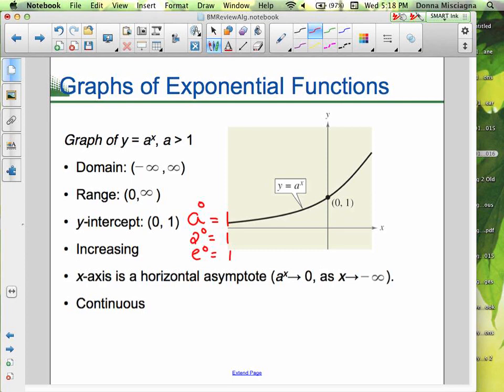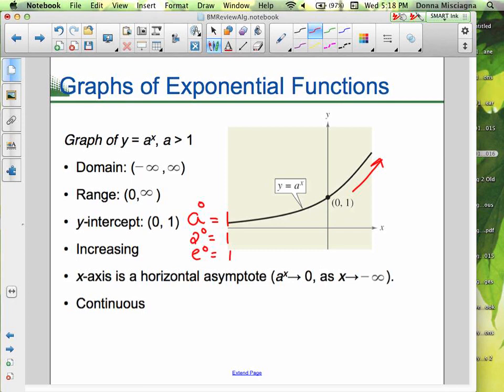If it's growth, it's going to be increasing. And then the x-axis is going to be a horizontal asymptote. So that means as x goes to negative infinity, the graph is going to go to 0. So on this side, we're just going to get larger and larger, so we're increasing.